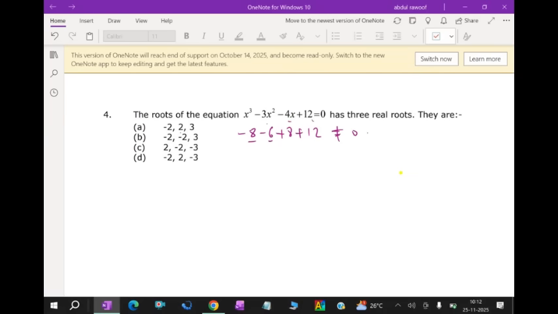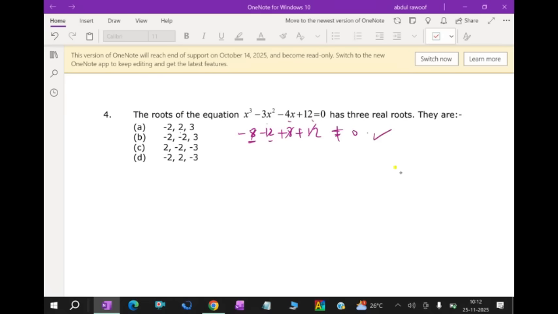So check one more time, also with minus 2. This is minus 8 and minus 2 whole square is 4. This is 12. So plus 8 and minus 12, so it's 0.